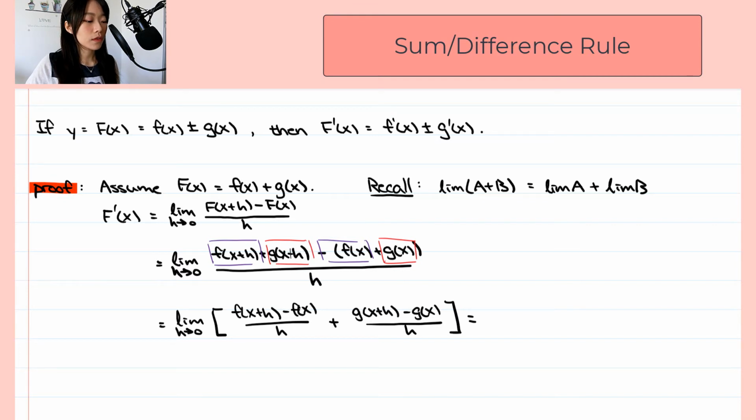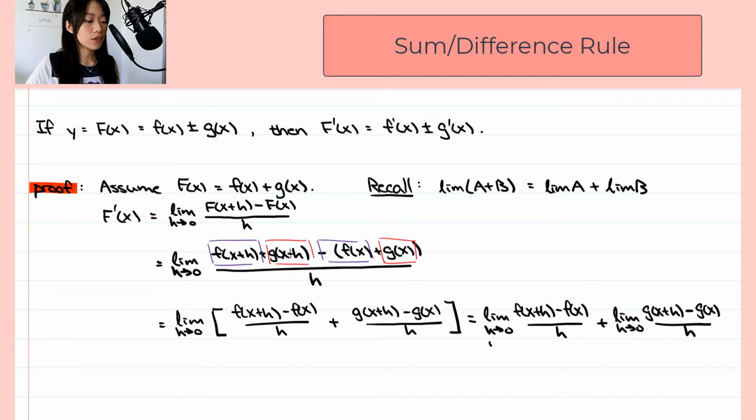So this equals the limit as h approaches 0 of f of x plus h minus f of x over h plus the limit as h approaches 0 of g of x plus h minus g of x over h.